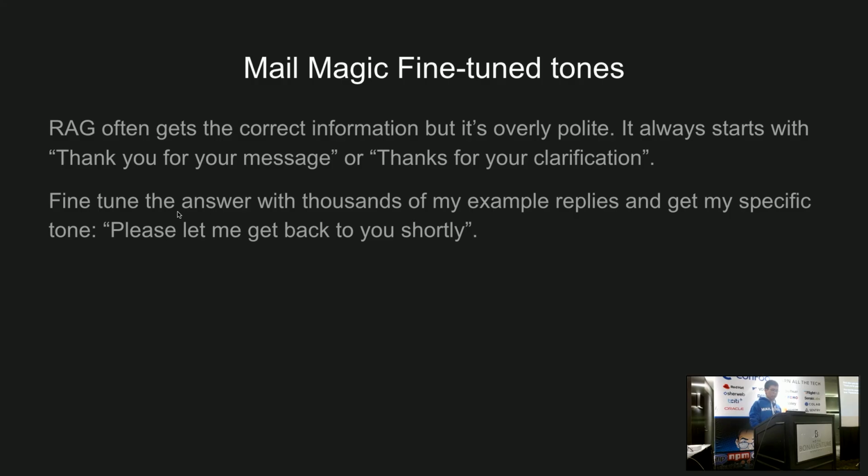When I say straightforward, I'm not saying 2 or 3 sentences, I'm saying something like, please let me get back to you shortly. It may sound very simple for a human, but it's difficult for the AI to sound exactly like that. And if I say it should sound exactly like that, then under different circumstances where I need flexibility, it won't work.